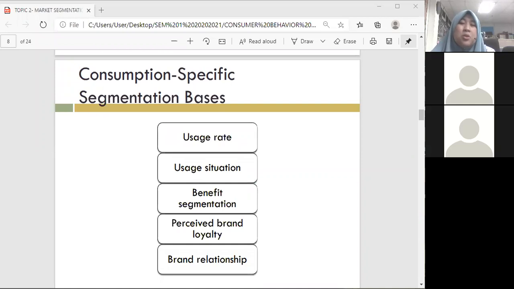Most probably, during at night, maybe I should ask the foreign students regarding the difference between the usage situation of a night phone call compared to a day phone call, because according to some sources, during the day the spending on a call or telecommunication is more expensive compared to the usage situation at night.